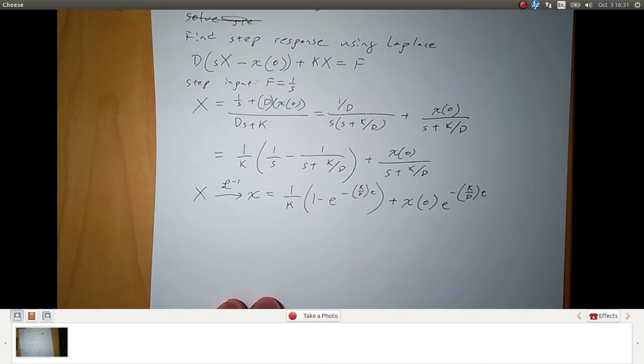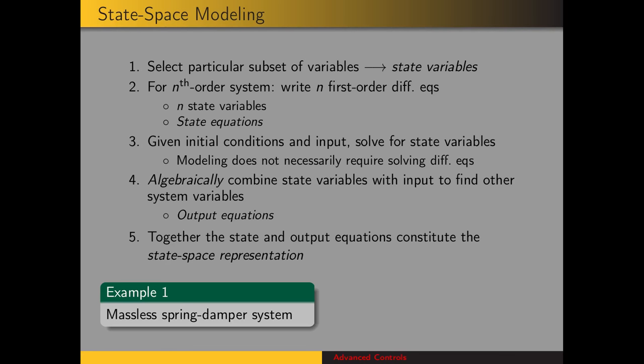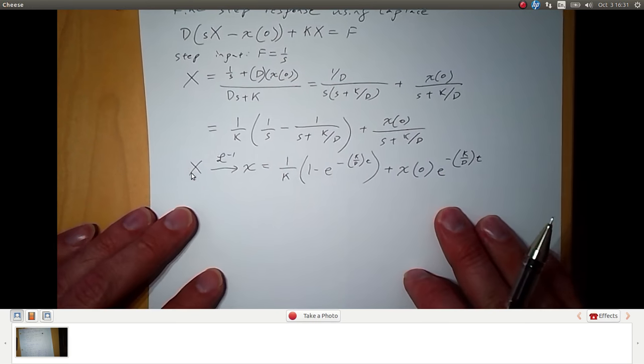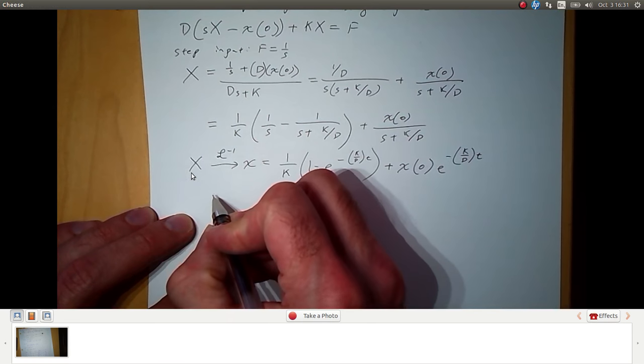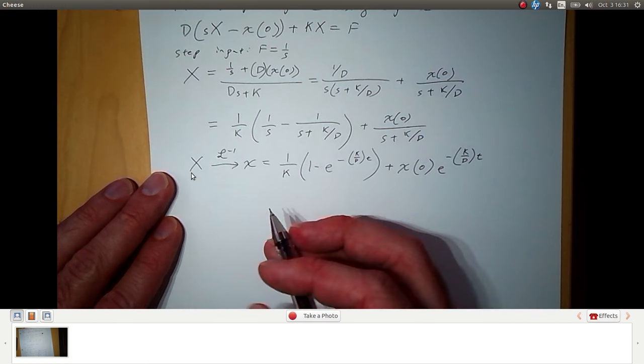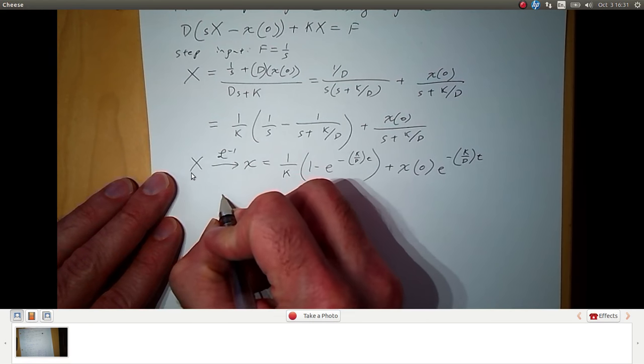Back to this list, we chose the state variables, wrote a first order differential equation for this system, and then we solved for the state variable. And now we're going to write the output equations. For example, we could combine the state variable with the input to get the spring force.